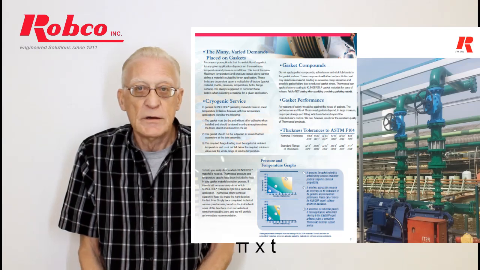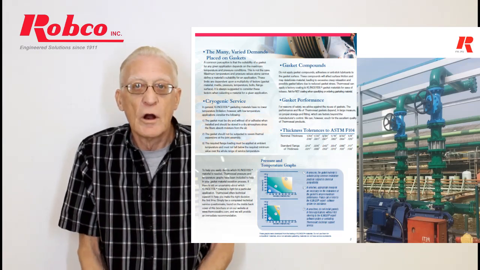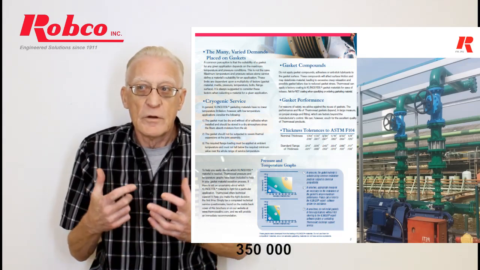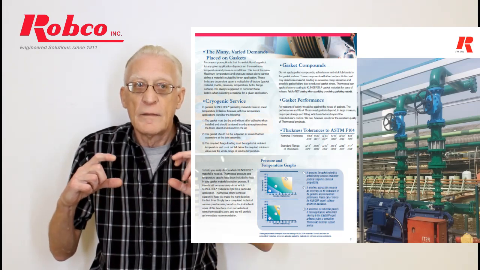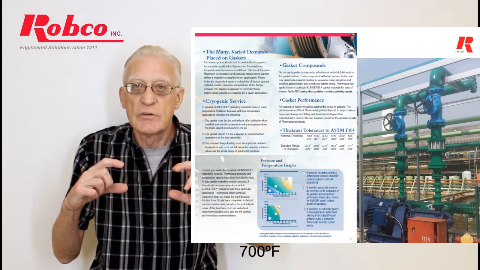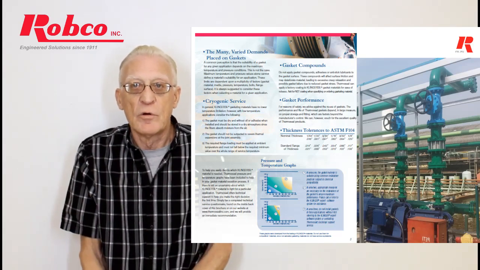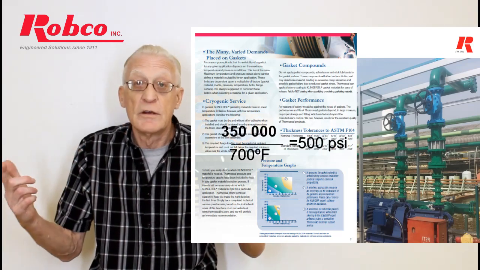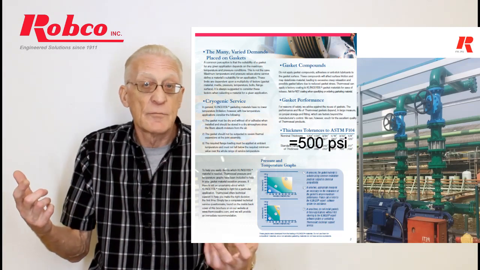Now, P times T, for Garlock's Blue Guard 3000, is 350,000. So if that's a constant number, they always said that non-asbestos compressed sheet was good to 700 degrees. So if it's 700 degrees, what's the pressure allowable? Well, 350,000 divided by 700 is 500. So that's the maximum pressure at that temperature.